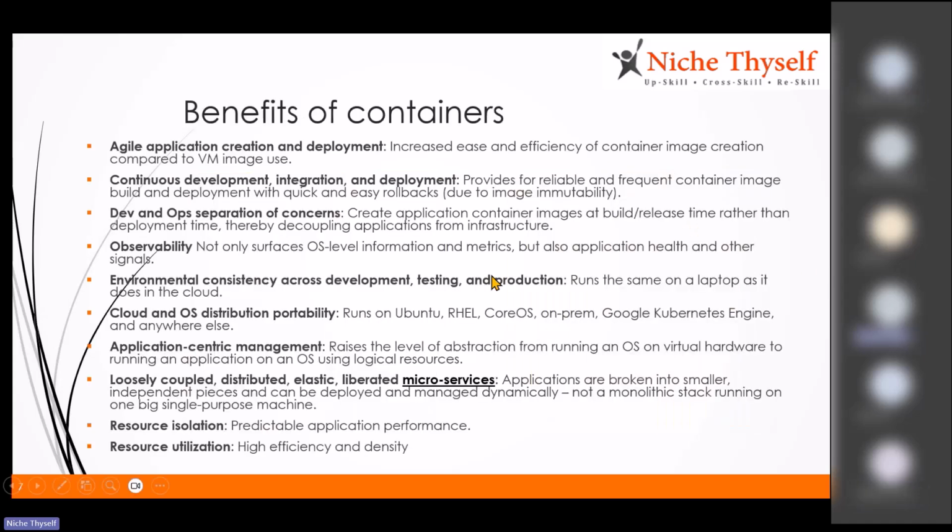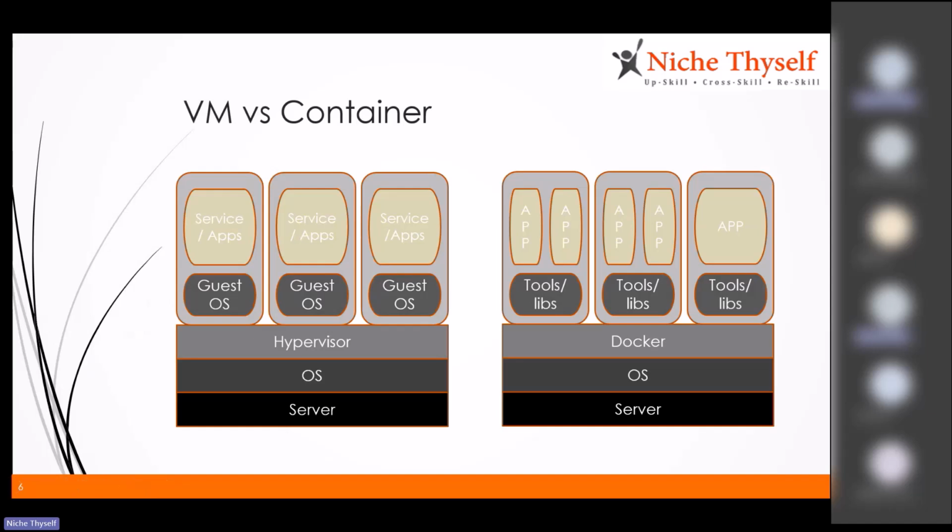Now moving on to the next part. What are the benefits of container? Yes, Pushkar. Whenever we are creating containers over here, you mentioned that we can open the ports and close the ports on the fly. But can we assign the resources on the fly? Oh, that we do. Yes, we can assign resources also. How much memory?